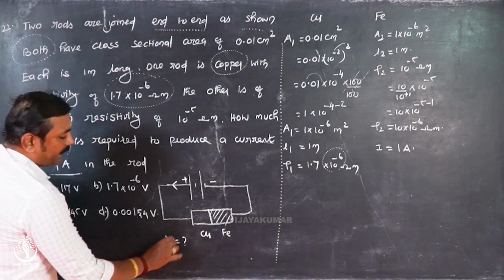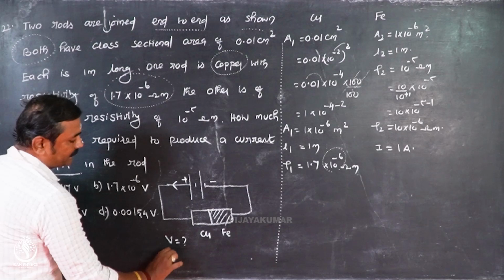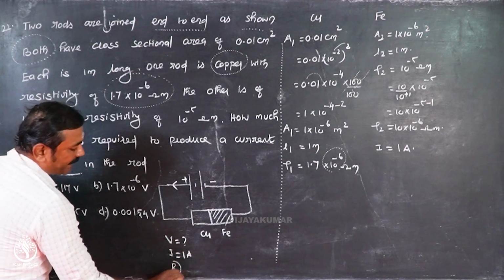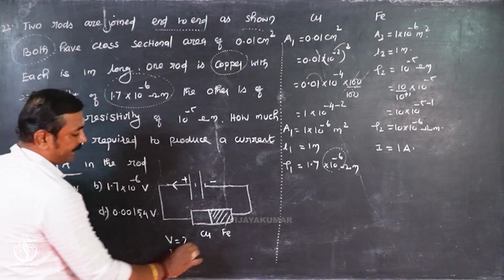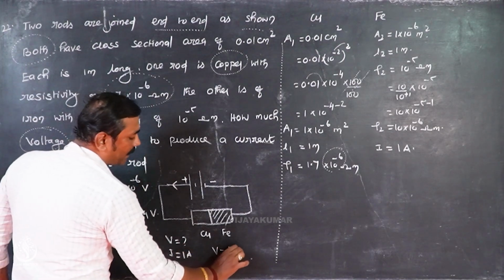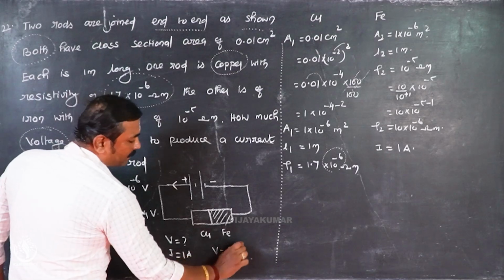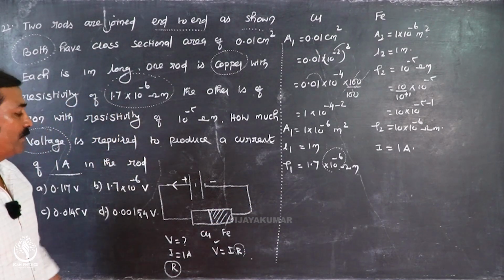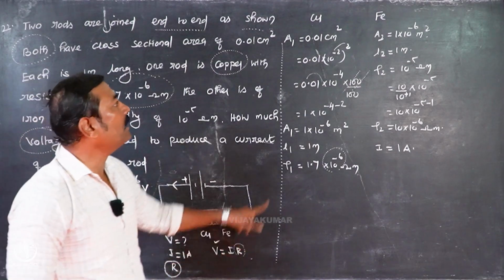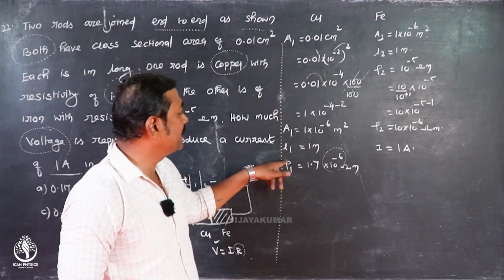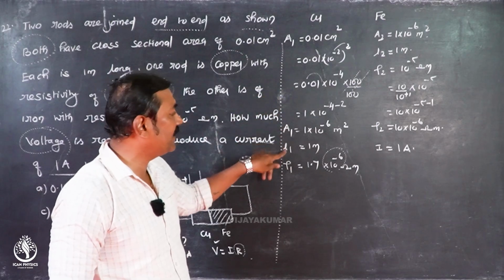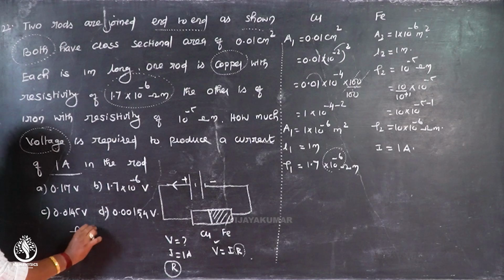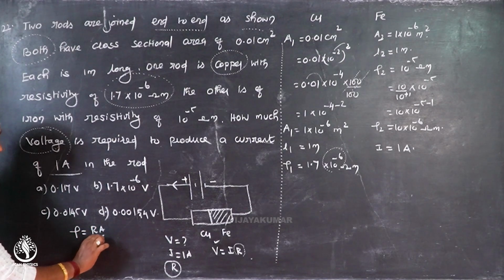To relate these things, we need the value of resistance. Why? Because V equals I into R. So by calculating the value of R, we can find the value of V. To calculate R, we relate resistivity, area and length, so rho equals RA by L.